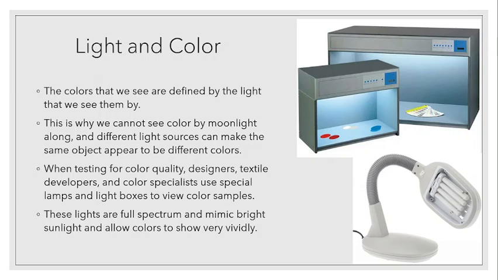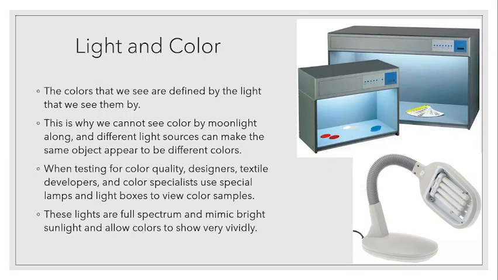When testing for color quality in textiles, designers, textile developers, and color specialists use special lamps and light boxes to view color samples. These lights are full spectrum lights and mimic bright sunlight and allow colors to show very vividly. We see two options on the right. One on the top is a light box.